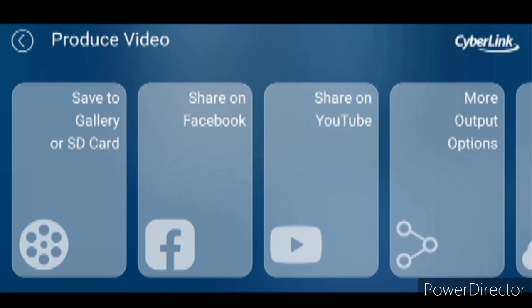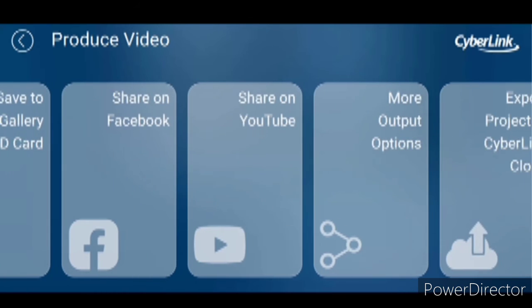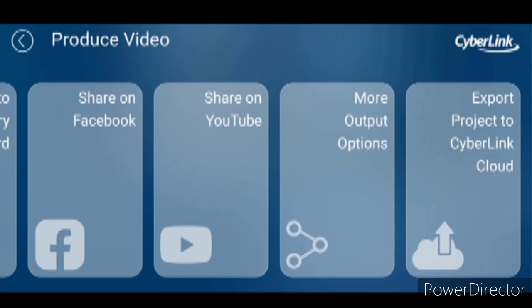You can share it on Facebook, share on YouTube. You can also save your project to CyberLink Cloud, which means if you are using CyberLink PowerDirector on your PC for video editing as well, then you can send your project and share your projects between your Android device and your Windows PC.